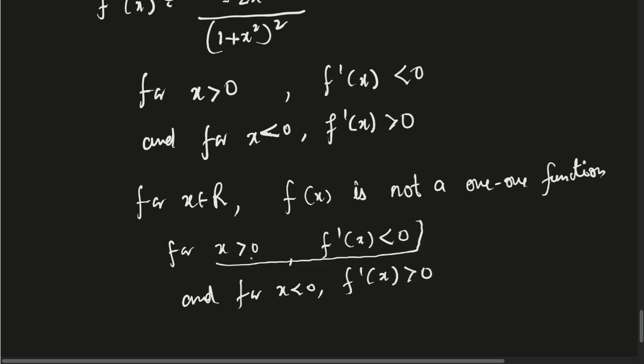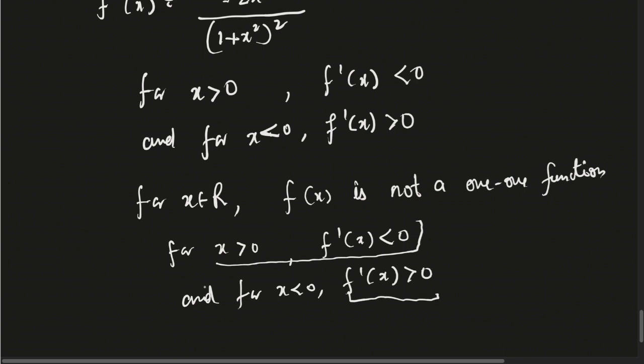This means for x greater than 0, we can say that the function is 1-1, because f dash x is always less than 0. Similarly, for x less than 0, f dash x is always greater than 0, so we can say that for x less than 0, the function is 1-1.